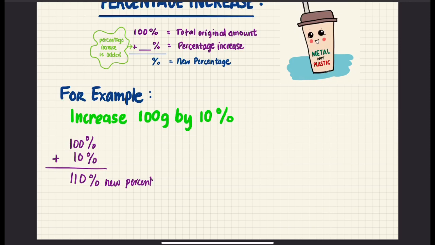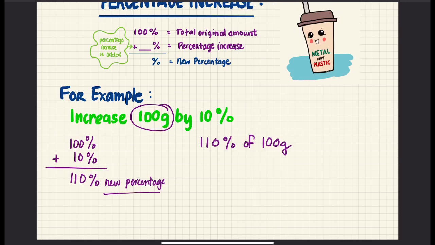Okay. Now, how do I use this? I know that the new percentage is 110%. We know that the new percentage is 110% of the original amount, which is 100 grams.